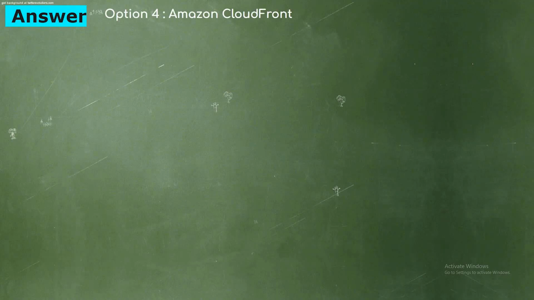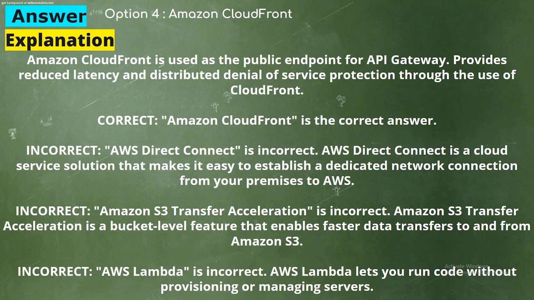Amazon CloudFront. Explanation. Amazon CloudFront is used as the public endpoint for API Gateway. It provides reduced latency and distributed denial of service protection through the use of CloudFront. Correct, Amazon CloudFront is the correct answer. Incorrect, AWS Direct Connect is incorrect.